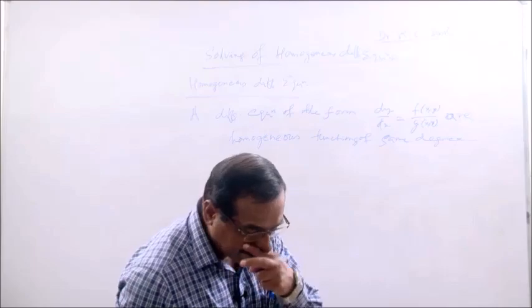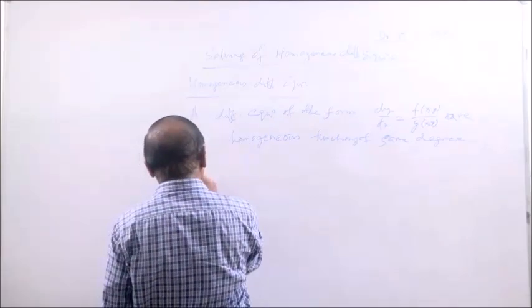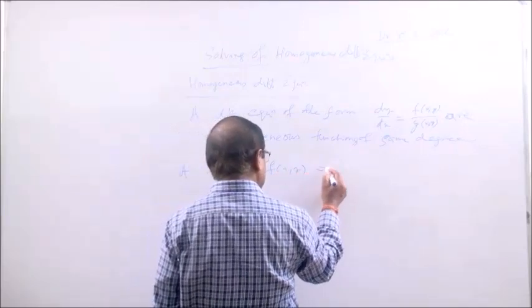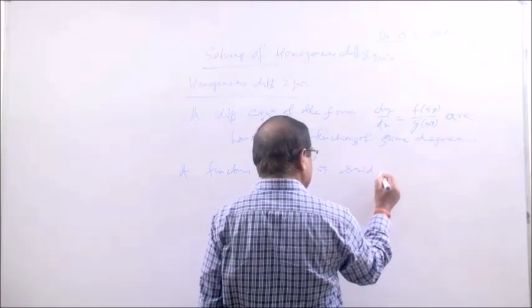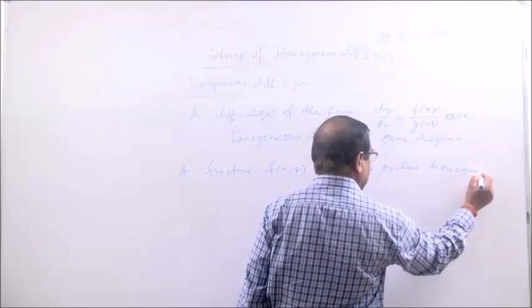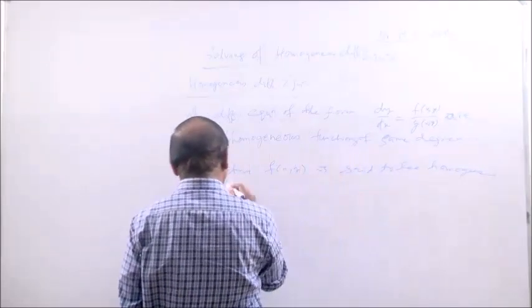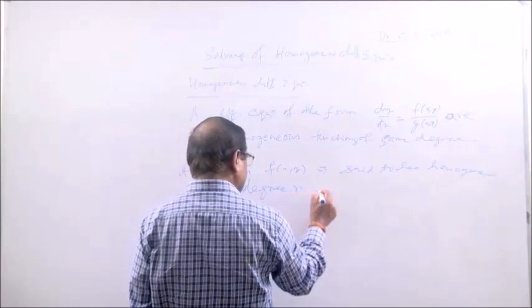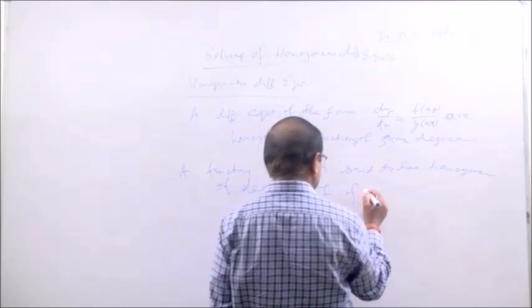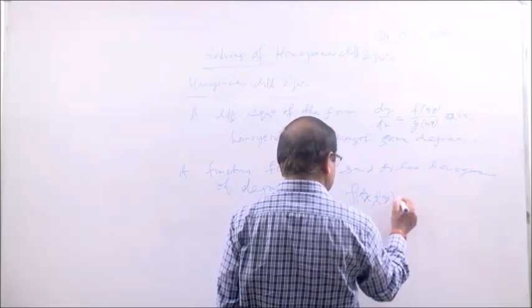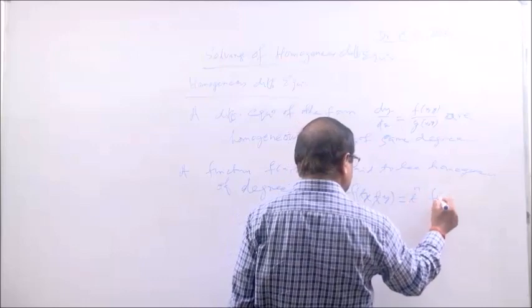You see, a function f(x,y) is said to be homogeneous of degree n if f(tx,ty) is equal to t to the power n f(x,y).